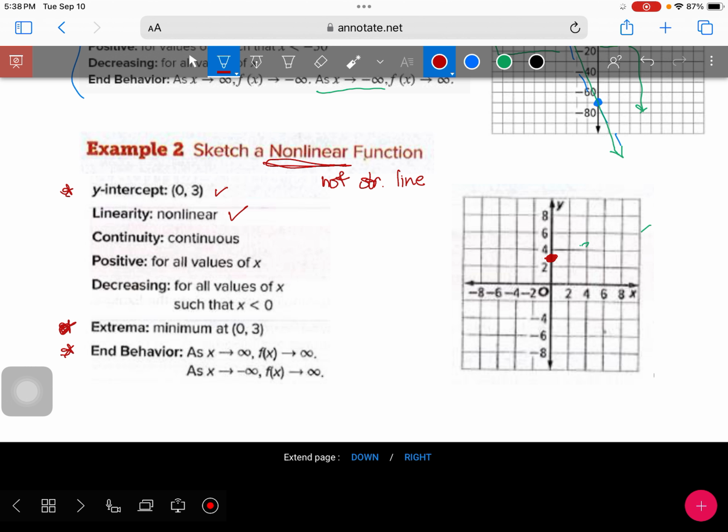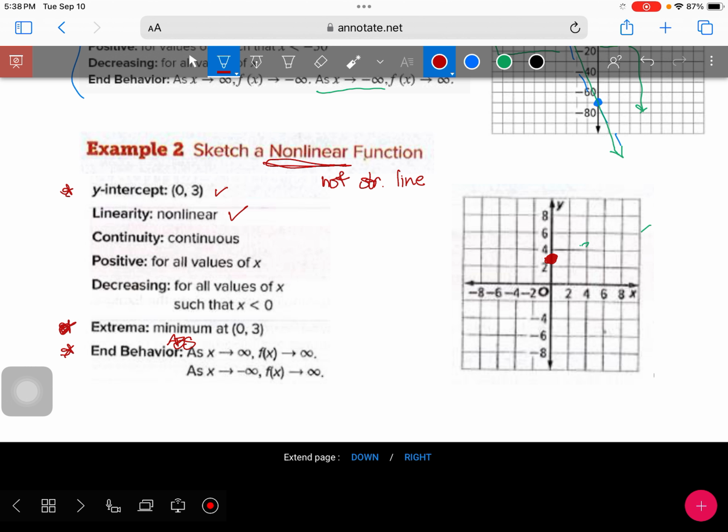So it's going to be decreasing. It says there is a minimum at 0.3. Well, that's my y-intercept. That is a minimum. So I'm guessing they are talking about an absolute minimum there. So that is the lowest point.